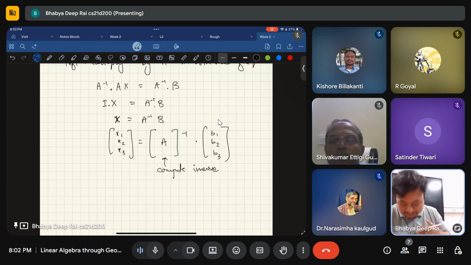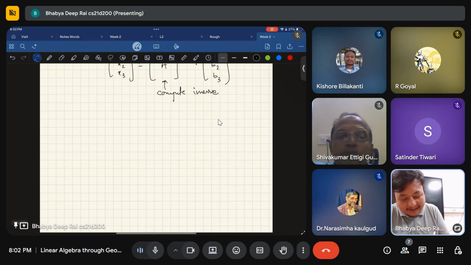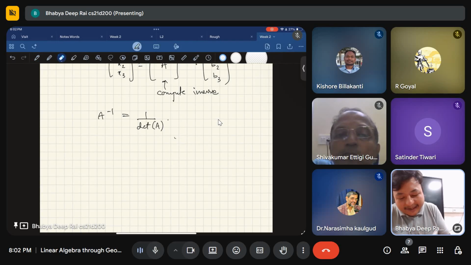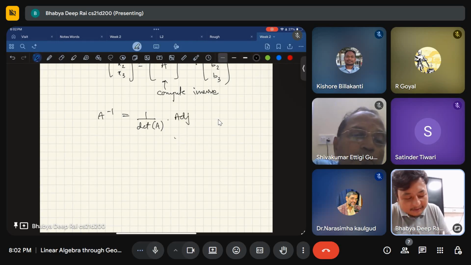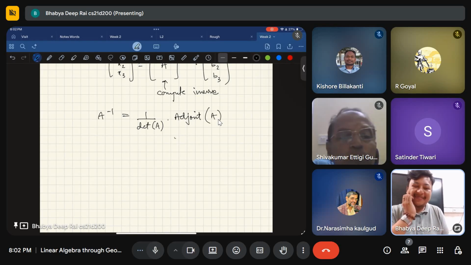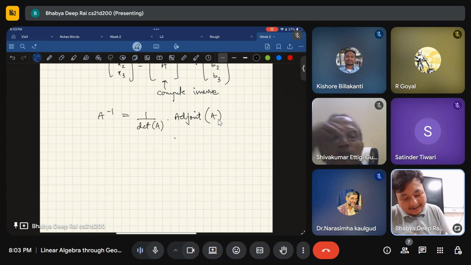Now we have a lack of time, so I'll just tell you right away that you saw in the lectures that inverse is equal to 1 by determinant of A times what is called the adjoint matrix. Computing this adjoint matrix itself is not very easy.